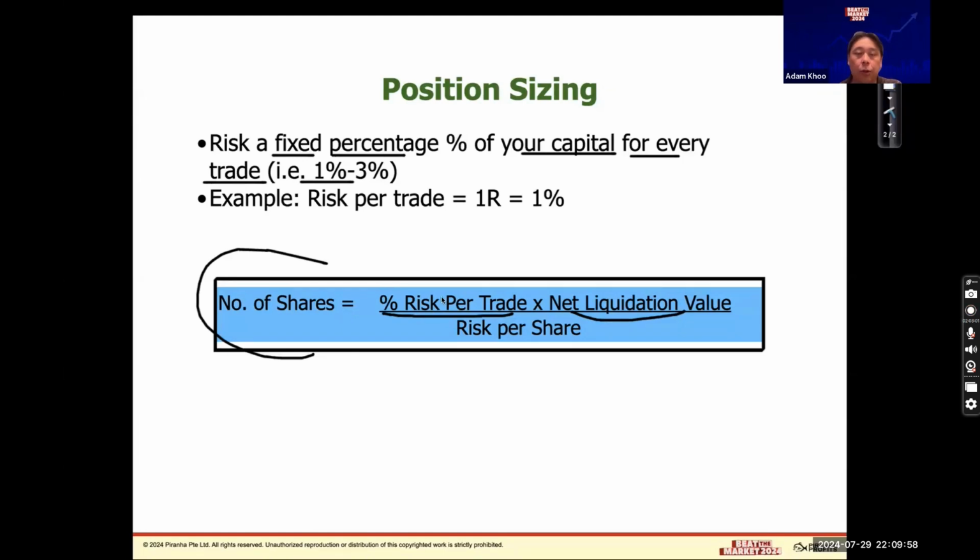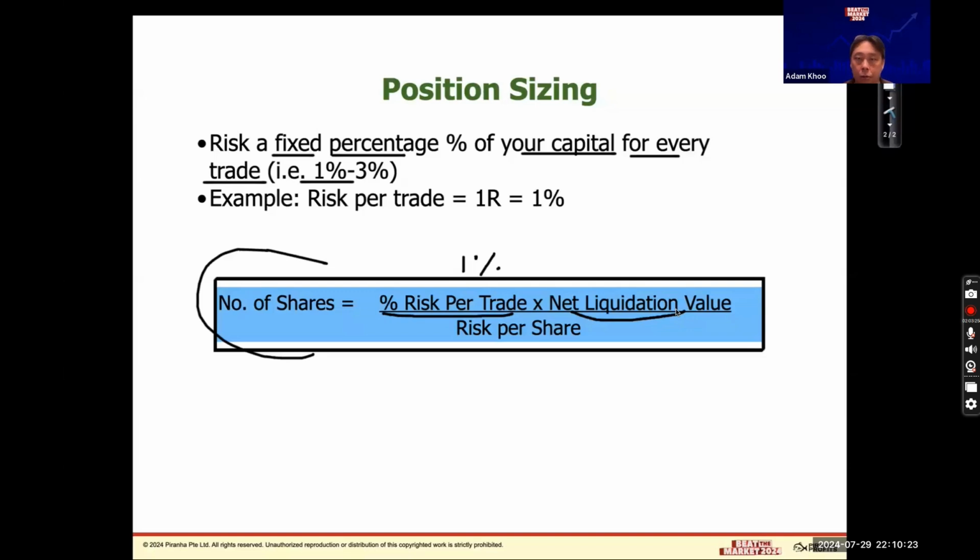Okay, so in this example, what is the percentage risk again? Very good, 1%. What does net liquidation value mean? Net liquidation value means your capital, which is how much cash you have in your account plus the value of your existing shares. That's called your net liquidation value.